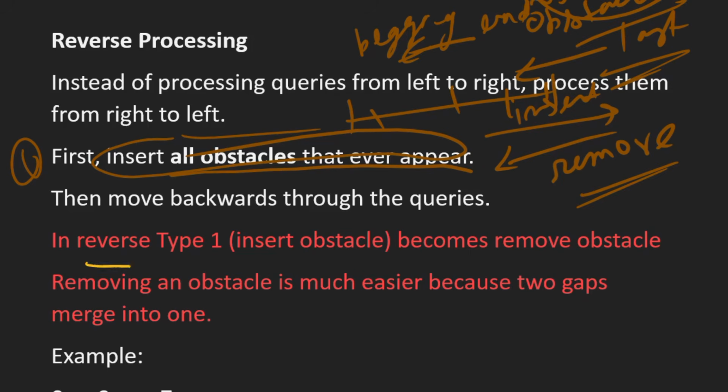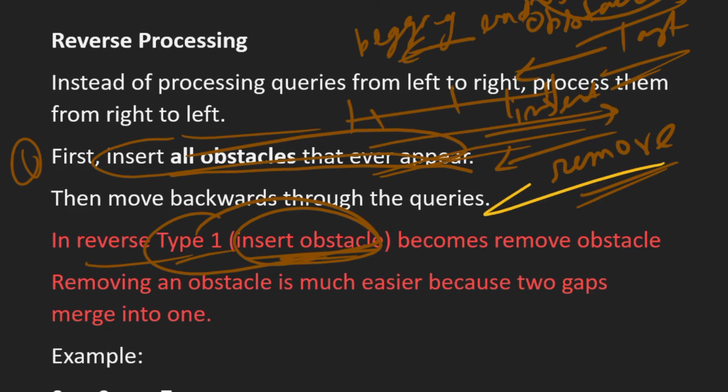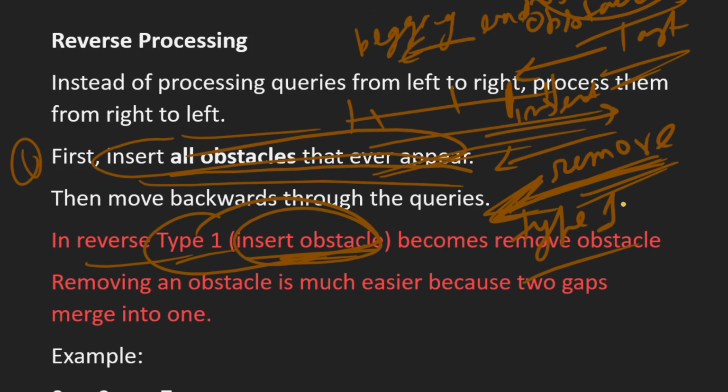In reverse, for type 1 queries we would insert the obstacles, but as we already inserted all of them while going forward, when we get a type 1 query from the last, we need to remove the obstacle.